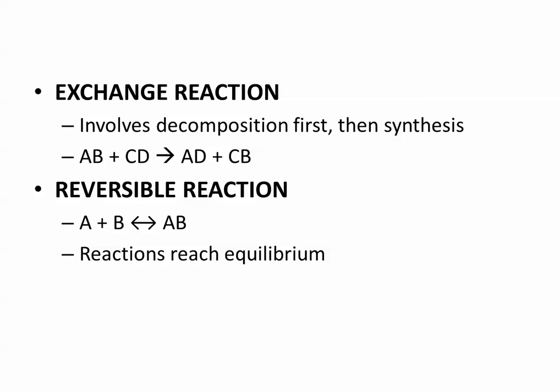But as many water molecules are spontaneously breaking down, you have some of these hydroxide ions reassociating with hydrogen ions to form water again. So this is what we mean by a reversible reaction. It's happening at the same rate in both directions.